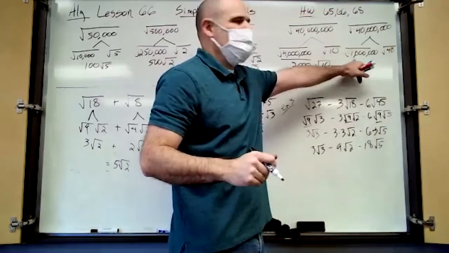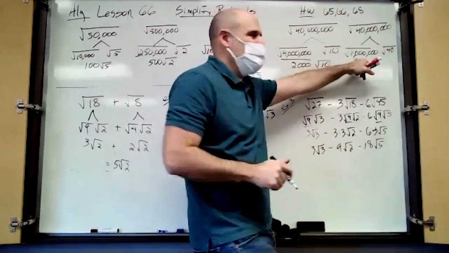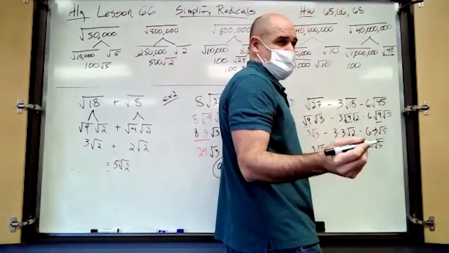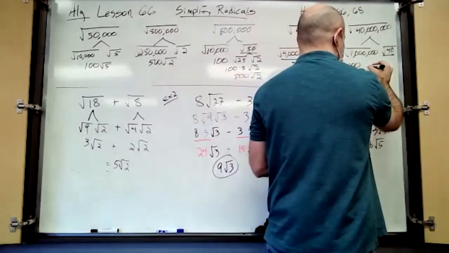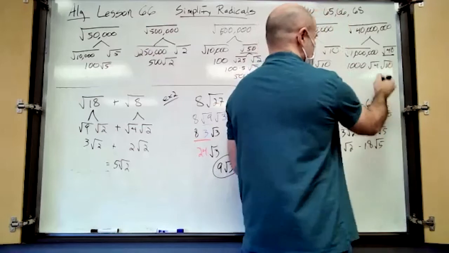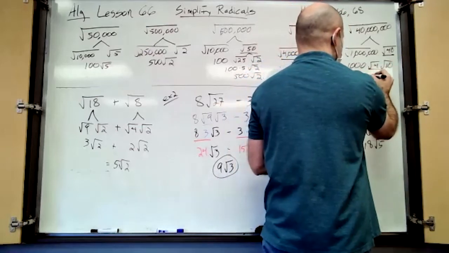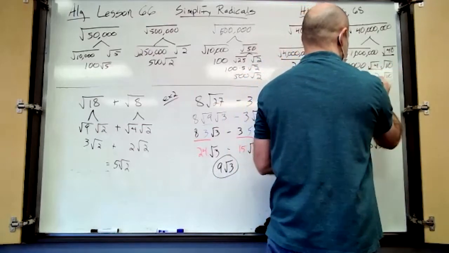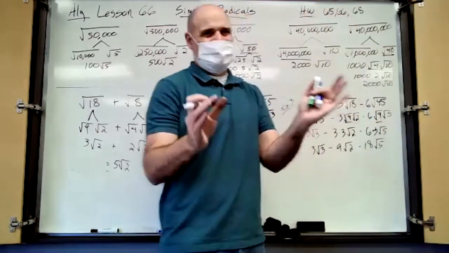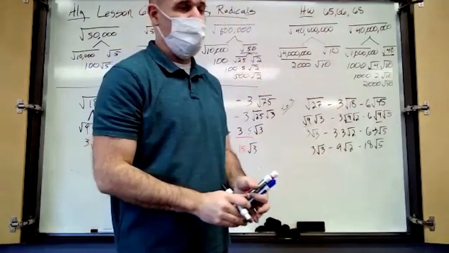Okay, what's the square root of a million? 1,000. All right, and then you just have to deal with that. So that's just radical 4 times radical 10, right? So that's 1,000 times 2 times radical 10. So 2,000 radical 10. This is 2 steps instead of like 3 that we had before.